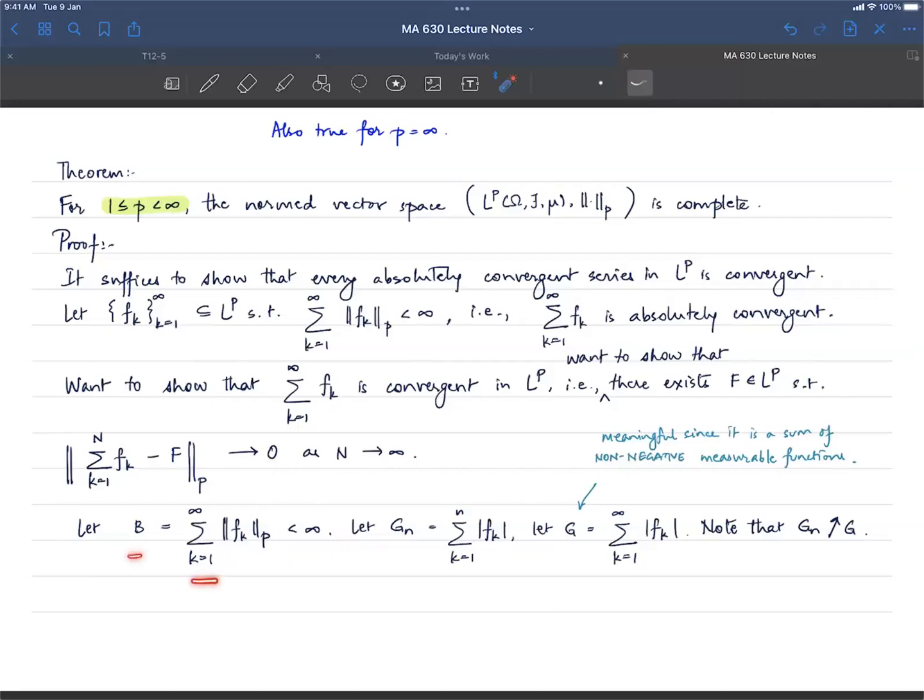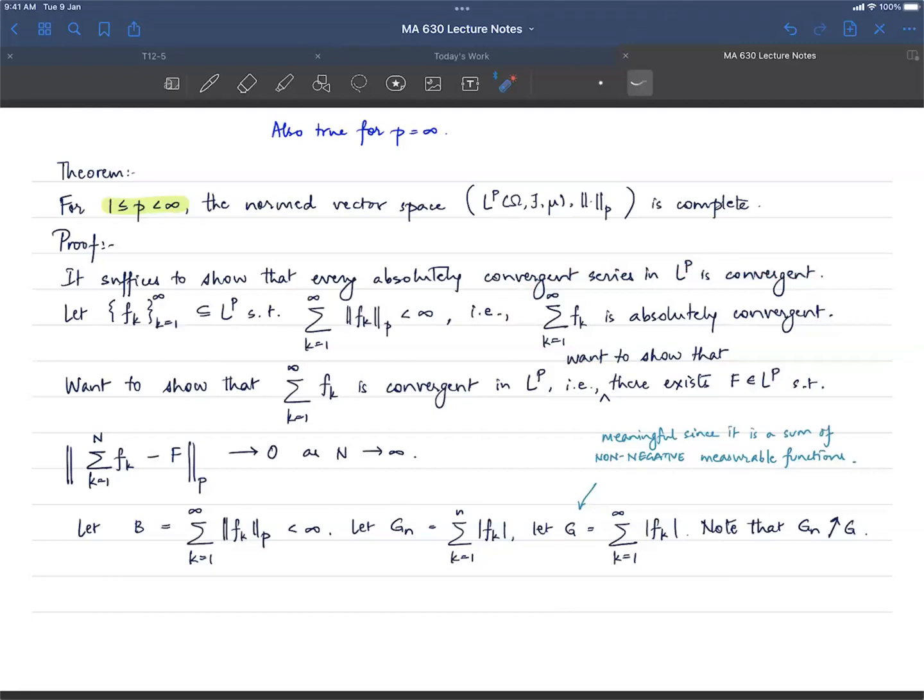B is sum k going from 1 to infinity of the norm of f_k. I claim this is finite. Why is this finite? Sir, we have assumed that it is absolutely convergent.